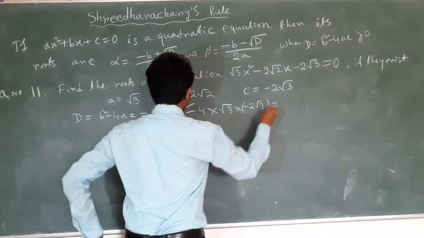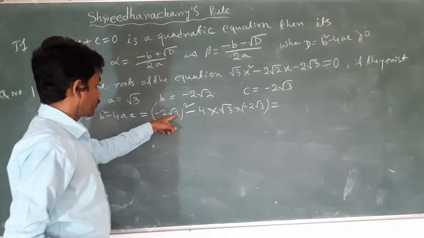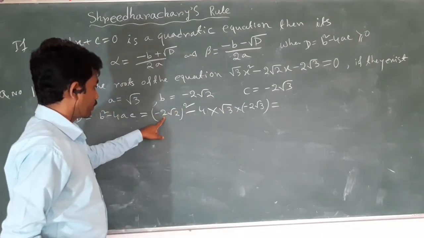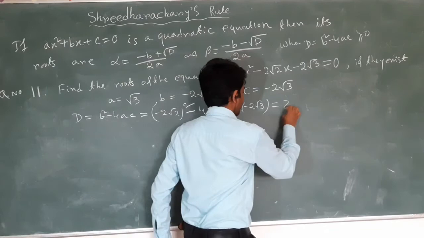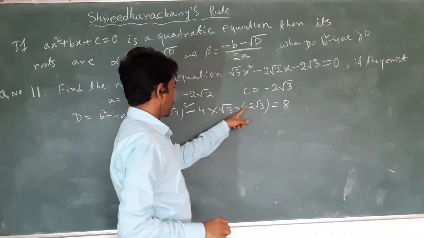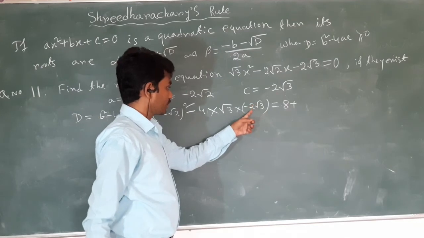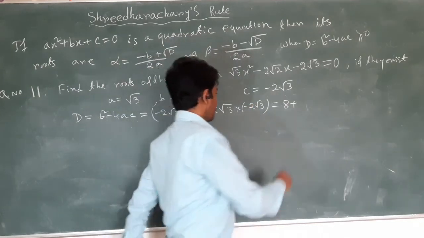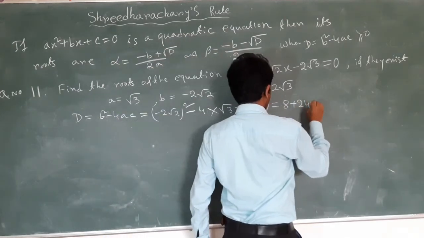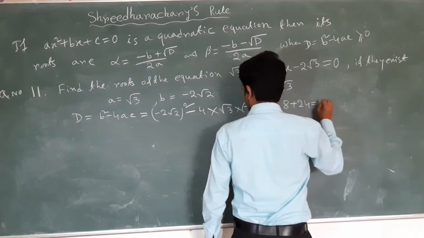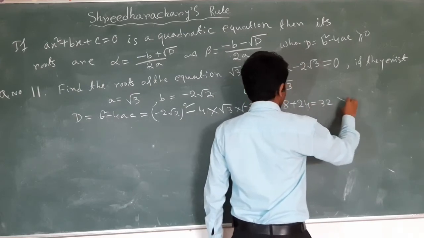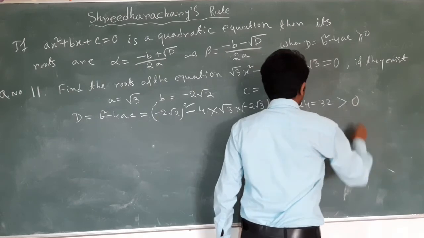is equal to (minus 2 root 2) square, that is 4 into 2, 8, minus minus plus root 3 into root 3, 3 into 2, 6 into 4, 24, is equal to 32, which is greater than 0.